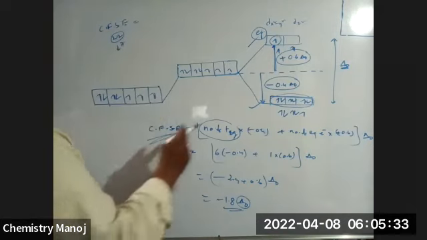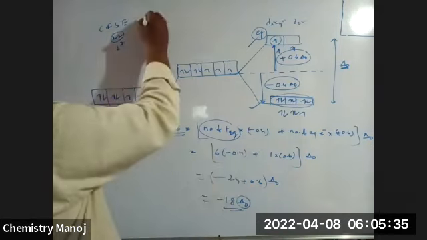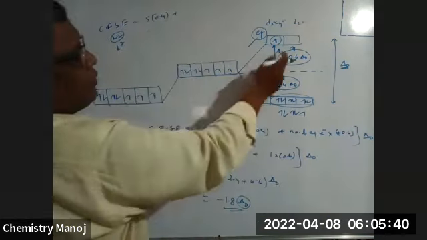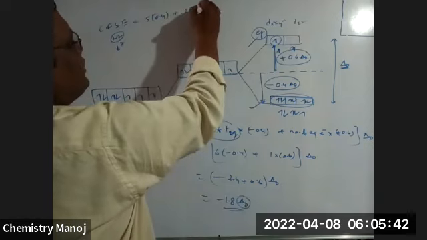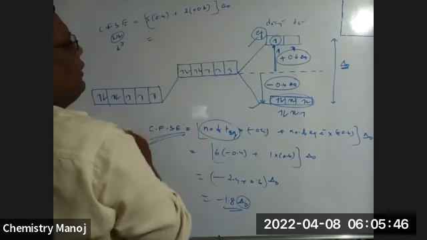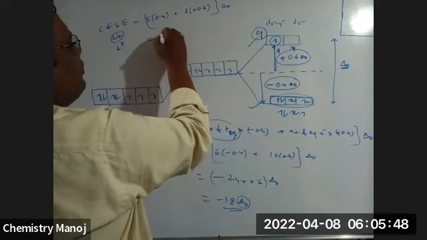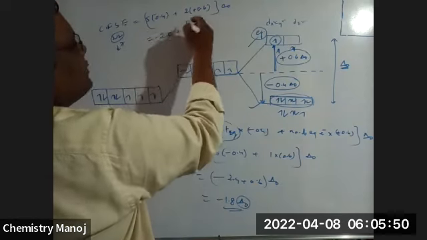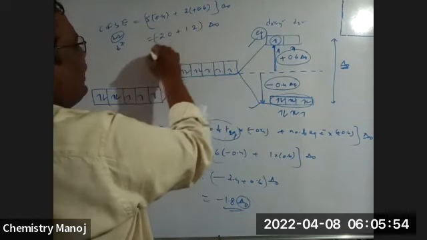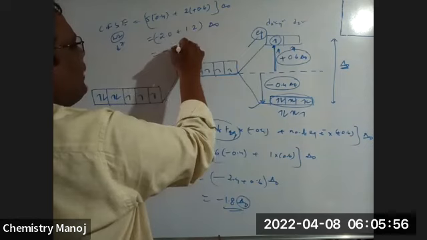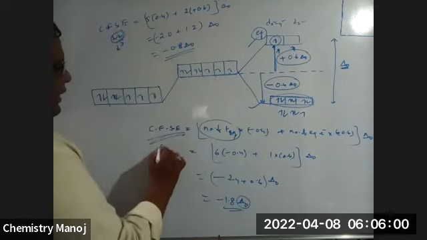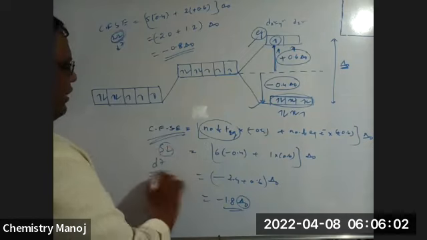It is 5 into minus 0.4 plus 2 into plus 0.6, overall delta naught. So minus 2.0 plus 1.2 delta naught. Here it is minus 0.8 delta naught. This is for a weak ligand, and the earlier value is for a strong ligand for the D7 configuration.